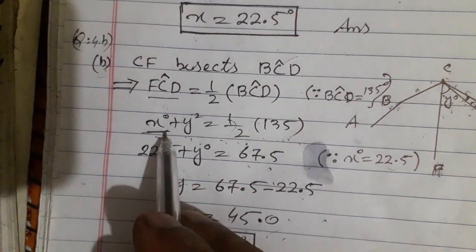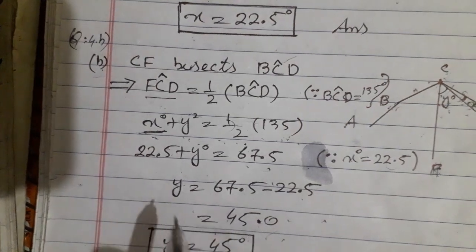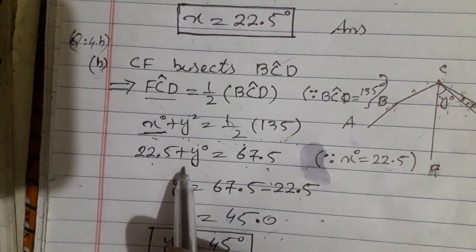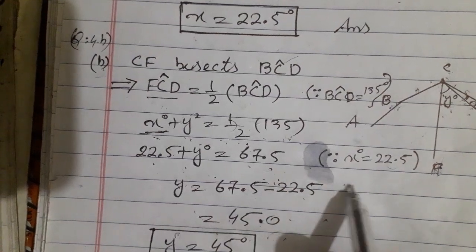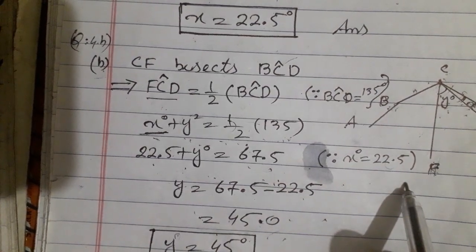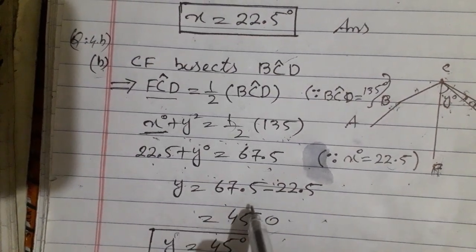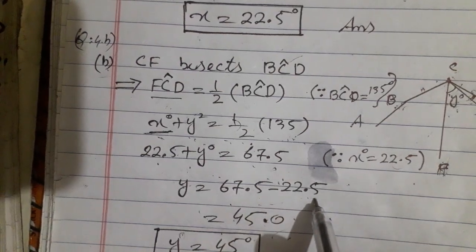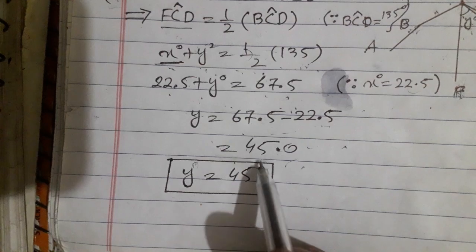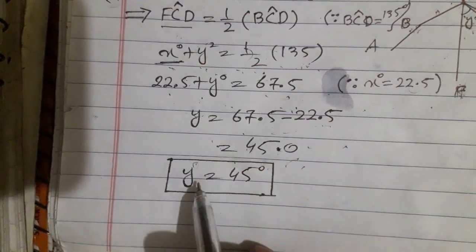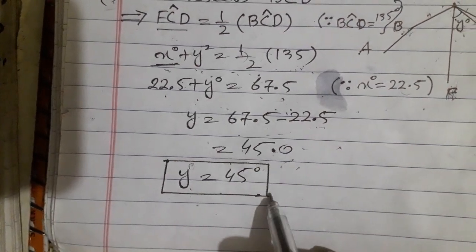As we have calculated, X is equal to 22.5. Then 22.5 plus Y is equal to 67.5. Y is equal to 67.5 minus 22.5. Y is equal to 45 degrees.